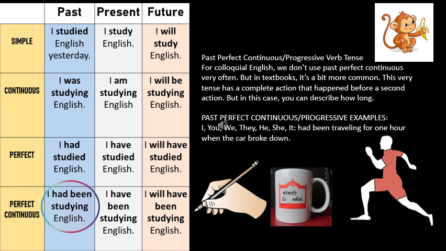I have been running for many years. So this is in the past tense and perfect form. However, the action is progressive.